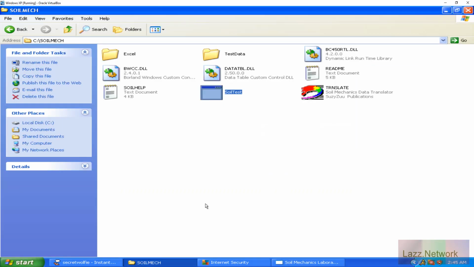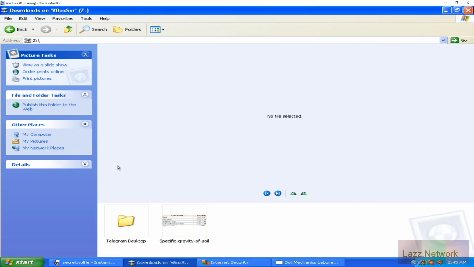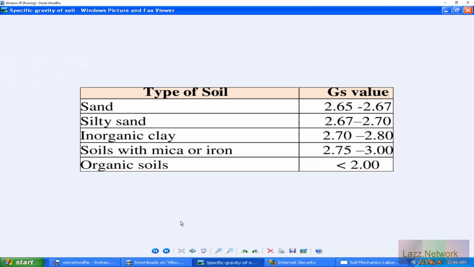So if we wanted to just double check real fast, let's just check our table to see what we actually got. So we're in 2.60 right now. So technically, we're below our sand values, which at least for this range, that's fine.